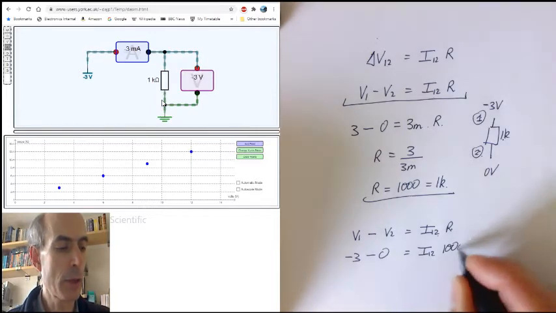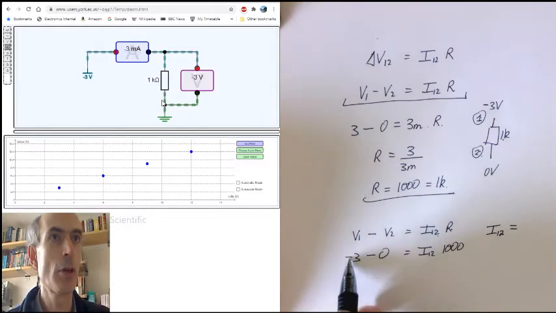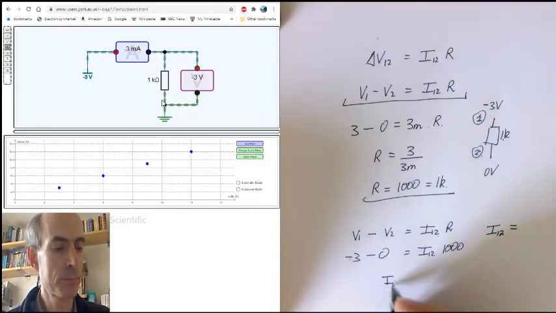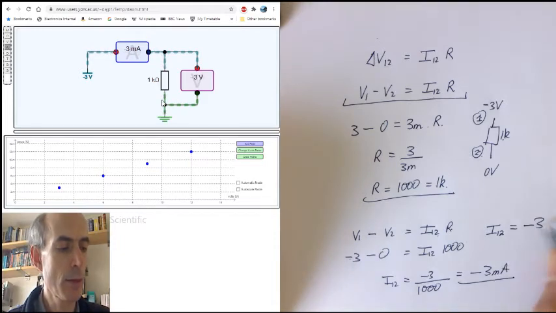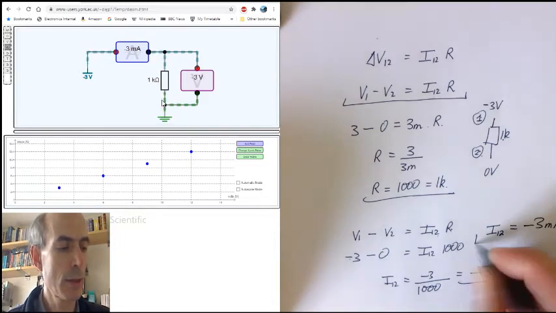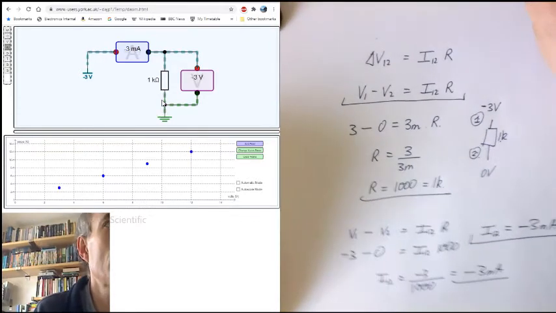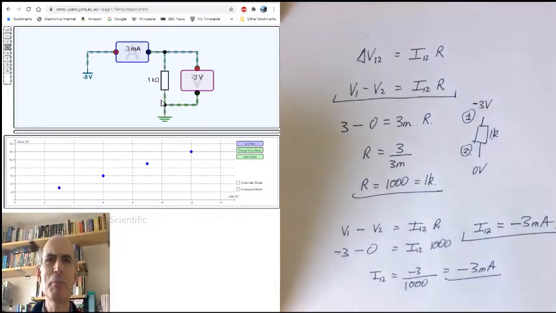That would imply that the current from 1 to 2 is minus 3 divided by 1000, which we write as minus 3 milliamps. That is perhaps initially slightly confusing, but very important to get your head round because it happens a lot.